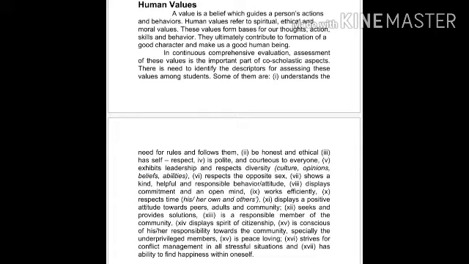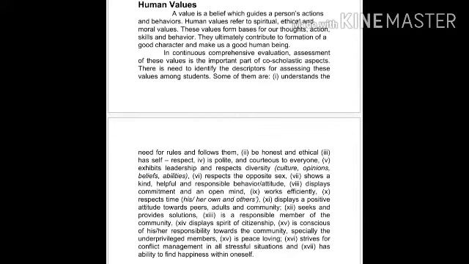Some of them are: understands the need for rules and follows them, is honest and ethical, has self-respect, is polite to everyone, exhibits leadership and respects diversity, like culture, opinions, beliefs and abilities.